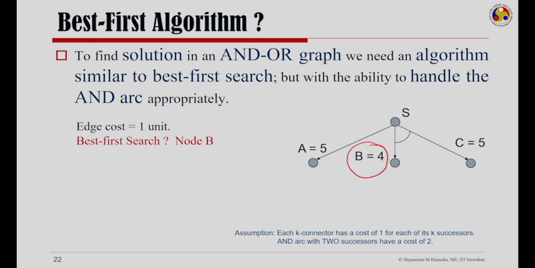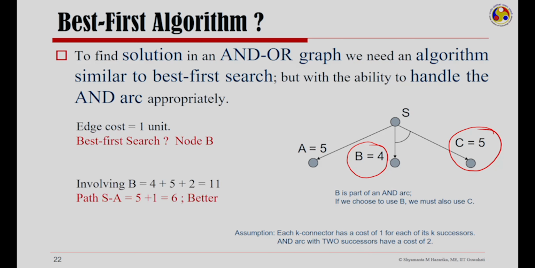If you look at the cost of the path, you will see that B is part of an AND arc. So, if we choose B, we must also use C. So, involving B would mean that I would be expanding 4 units at B, 5 units at C, and because this is a 2 connector, I would be spending 2 units there.